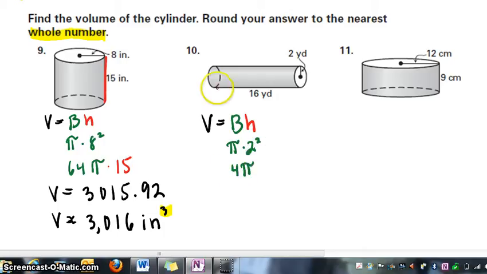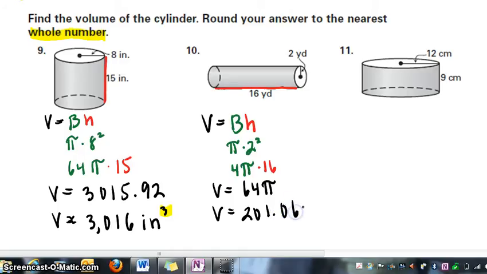And now notice the cylinder is lying on its side, and here is our height, 16, and 16 times 4 is 64, so we get volume equals 64 pi, and we multiply that by pi, and we get 201.06. So we're going to round that to the nearest whole number, which is 201 yards cubed.